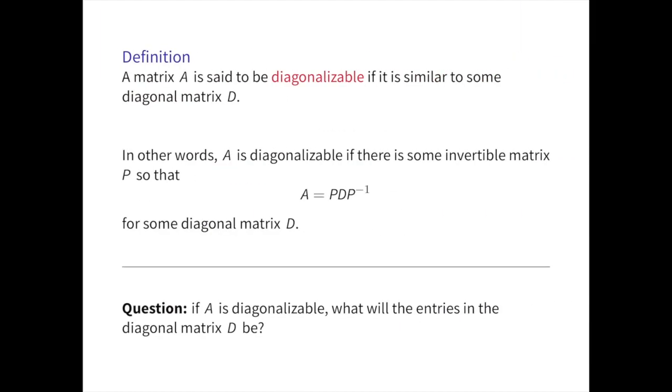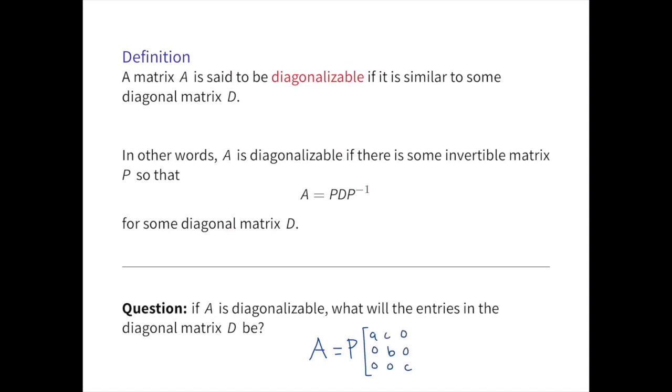So the first question we might ask is, if a matrix is diagonalizable, then what does that tell you about this matrix D inside of there? What does that matrix D have to look like? Well, if A is equal to P times some diagonal matrix D, I'm going to write it as, say, a, b, and c, and I'm going to put 0s everywhere else. I'm going to make it diagonal, right?